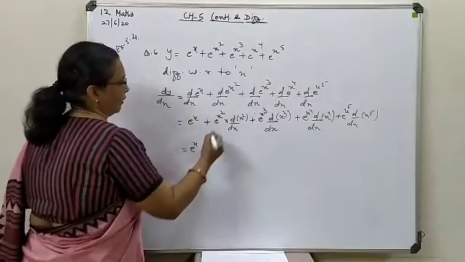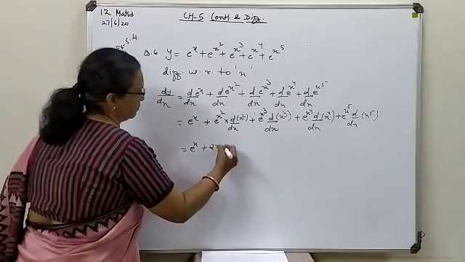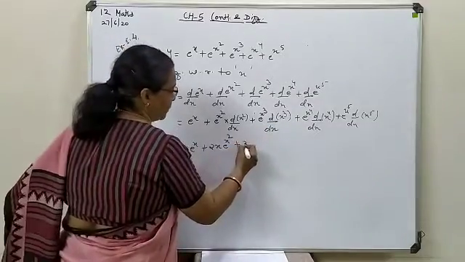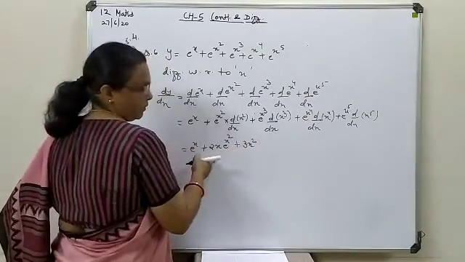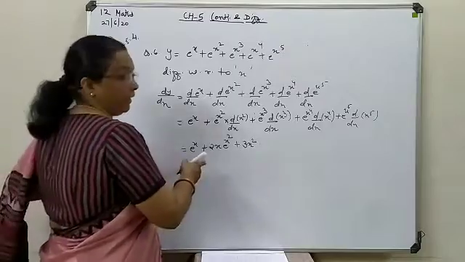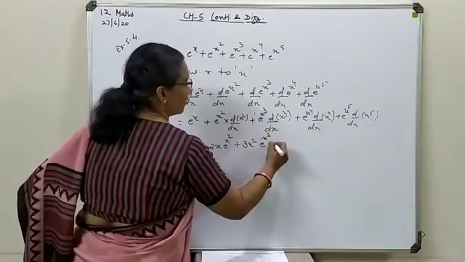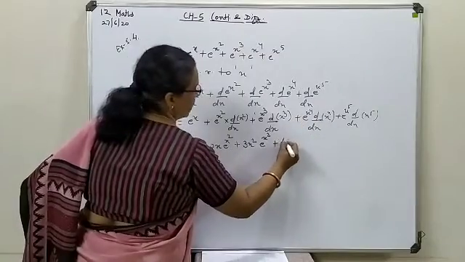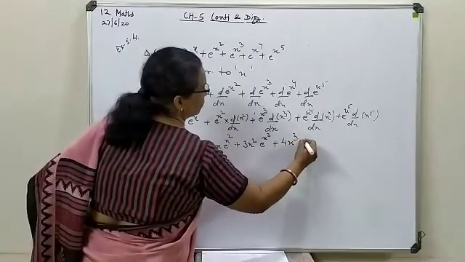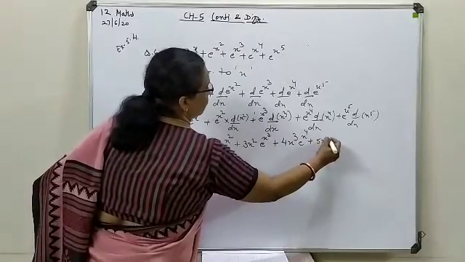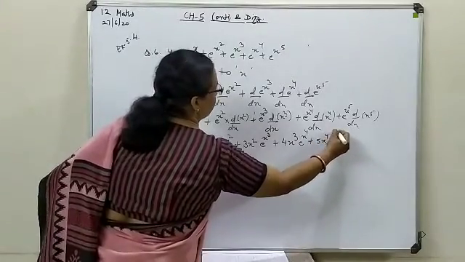Here the differentiation of x square is 2x, the differentiation of x cube is 3x square. Everywhere we are using the formula for x power n. Differentiation of x4 is 4x cube, and at last this is 5x4 e power x power 5.